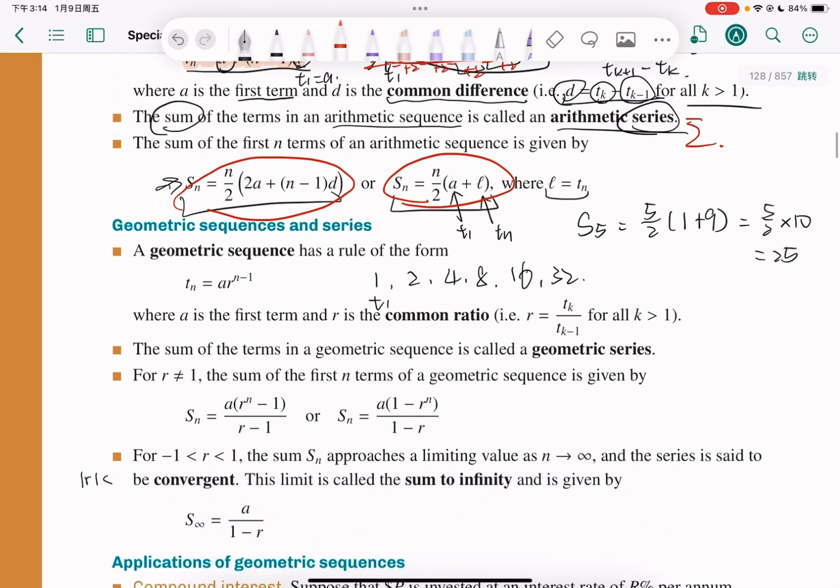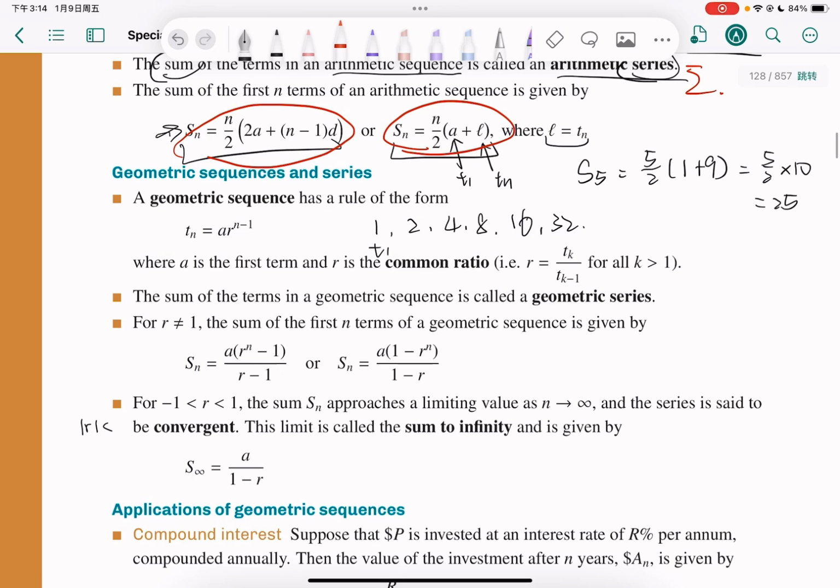Okay, the geometric sequence and series. So what is a geometric sequence? A geometric sequence has a rule of the form Tn equal to A, which is also the first term, so A equals T1, times R. So what is R?